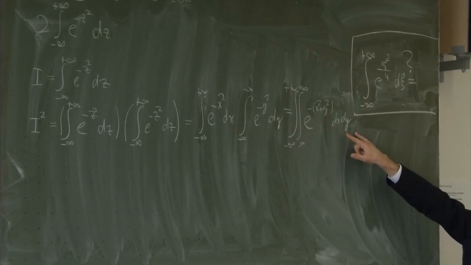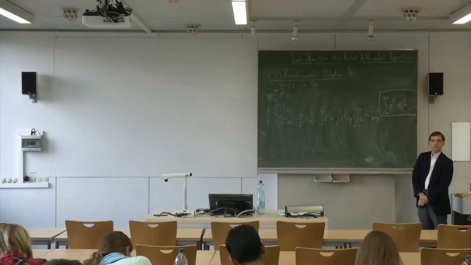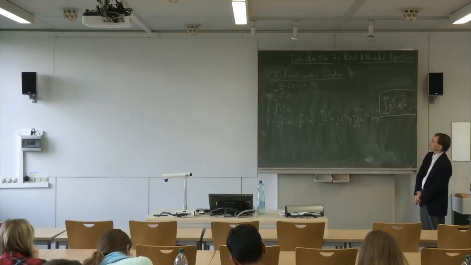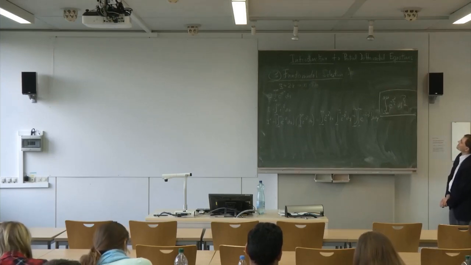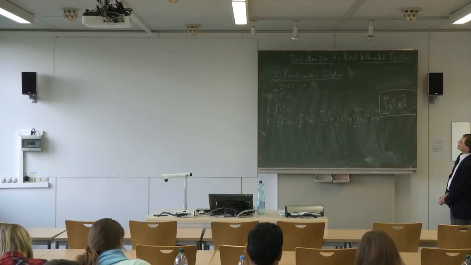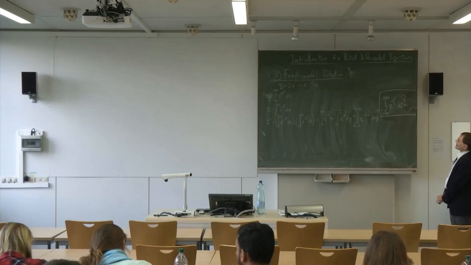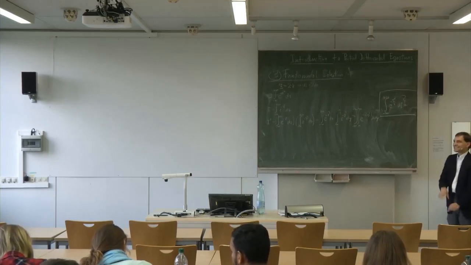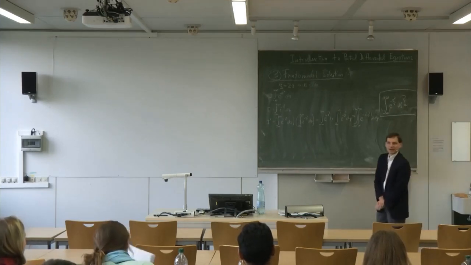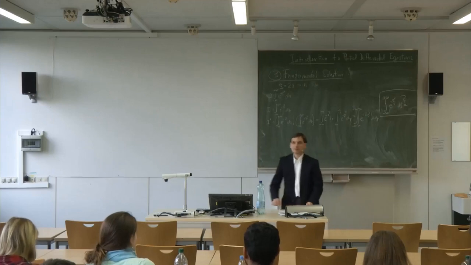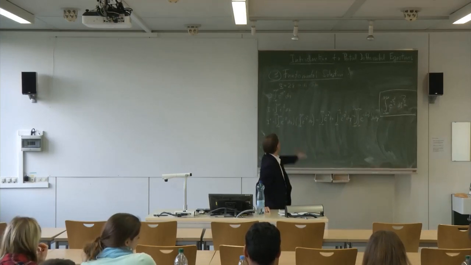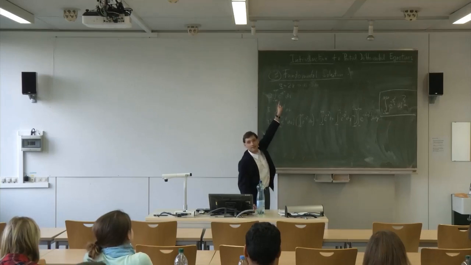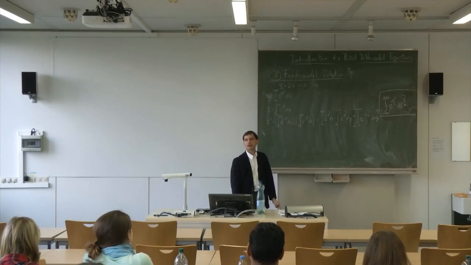That's a double integral over dx dy. Now this is a critical step, the next one. And I promise you, this is the only way to get an integral of this. There is no other way.